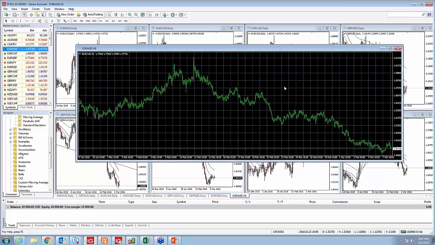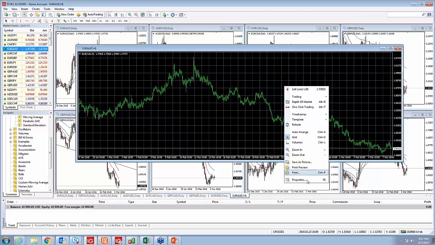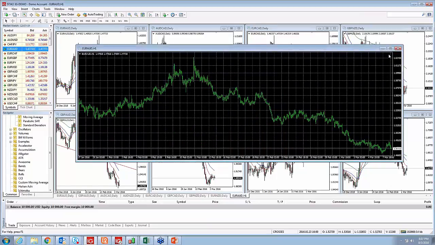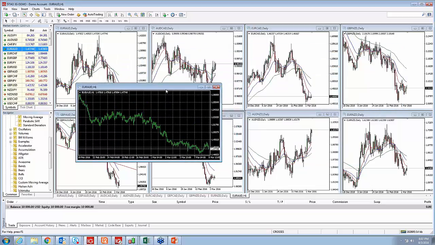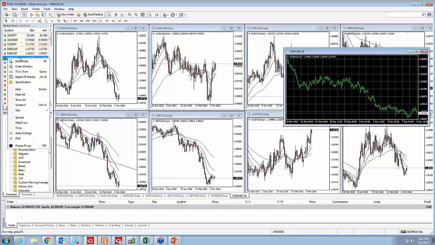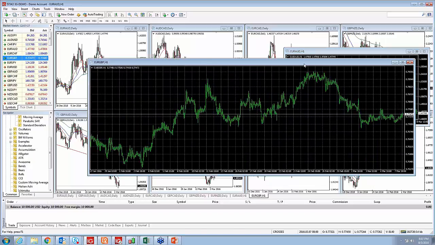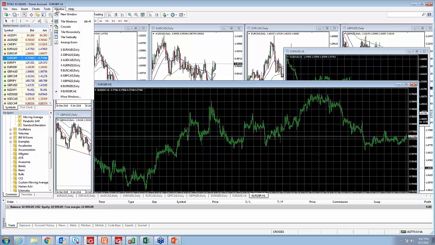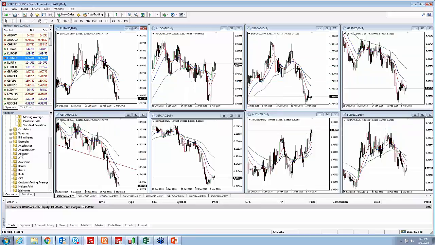You can right click again, go to properties, and that's where you can change your backdrop color, chart color, candlestick colors, and things like that. Then position it, go to another chart, maybe Euro Pound, again go to chart window. Once you've done everything right, just go to window, tile windows, and everything will be tiled accordingly.